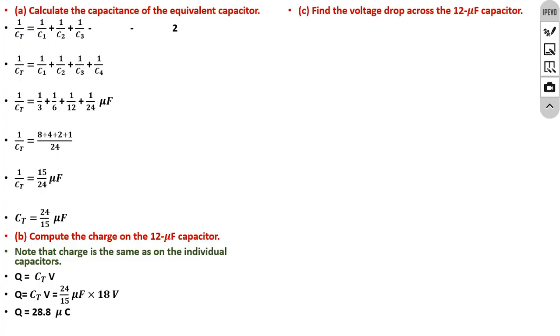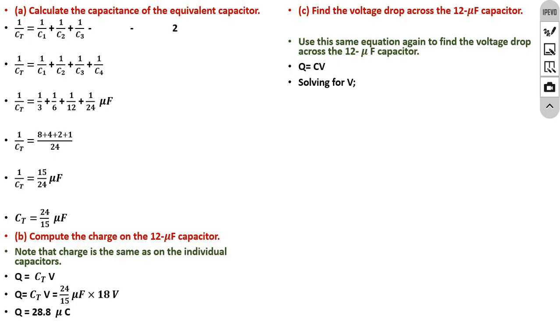The next one said find the voltage drop across the 12 microfarad capacitor. The voltage drop, you still use Q equals CV, but in this case we are going to use the same equation again to find the voltage drop across 12 microfarad. Okay, so Q equals CV, solving for V, which is the voltage drop.